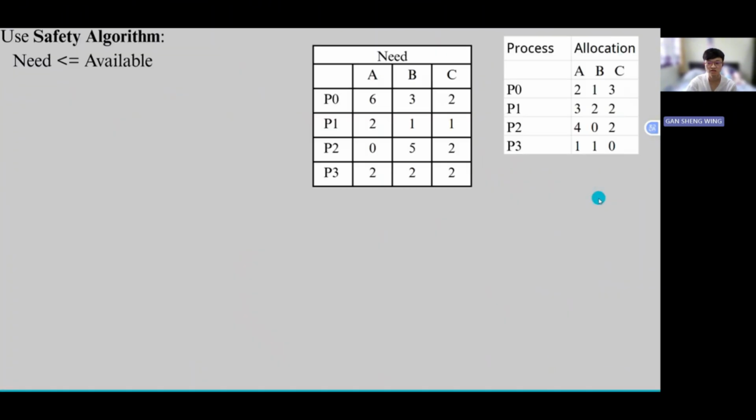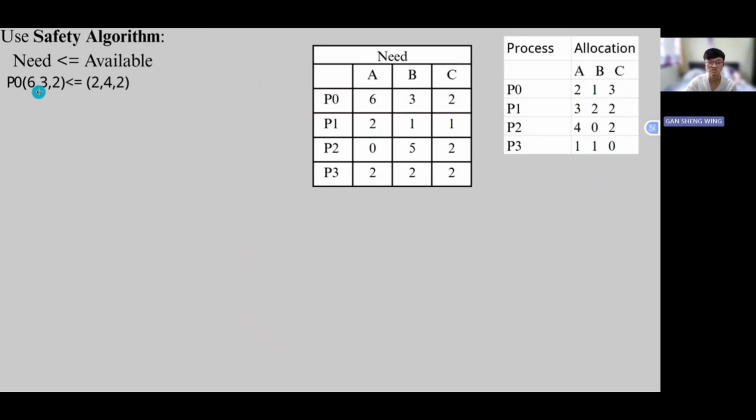For the next slide, we want to use the safety algorithm. We want to make sure the need is less than or equal to available. P0 need is 632, and our available is 242.